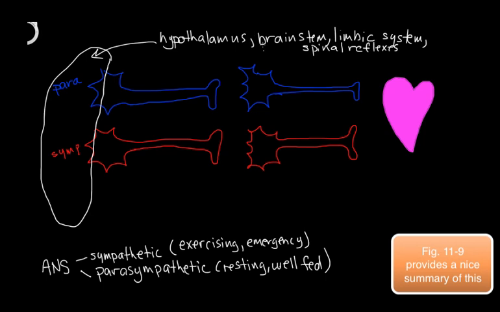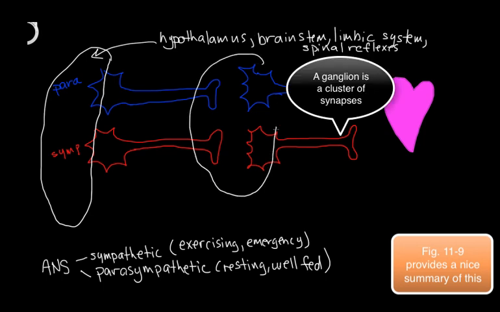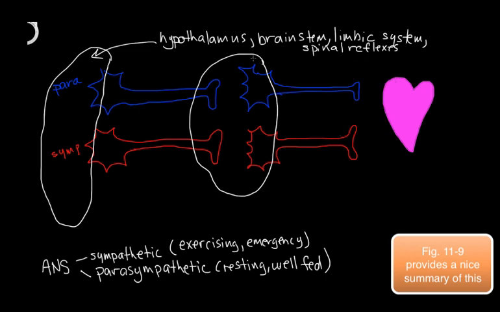So let me draw a circle around here. This is the ganglion. A ganglion is just a collection of synapses anatomically. So we can call the neurons that come before the ganglion the preganglionic neurons, and the neurons that come after the ganglion the postganglionic neurons.